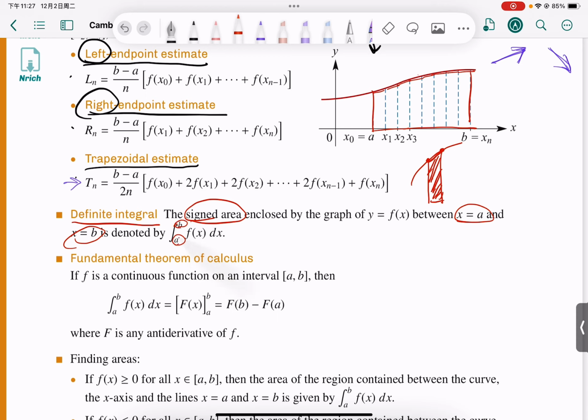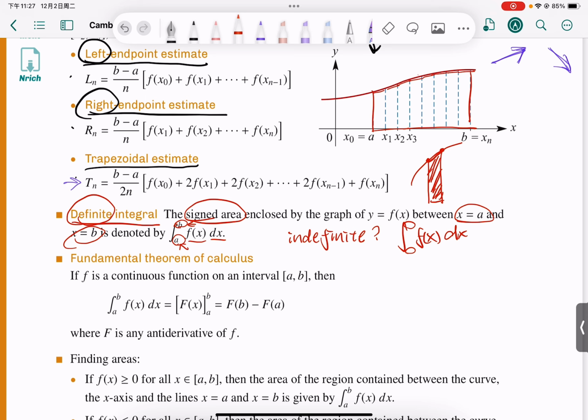Note that a is at the bottom and b is at the top. f(x) dx. Okay, so if we have definite integral, then what's indefinite integral? It's actually like this, without the boundaries. We don't have boundaries.